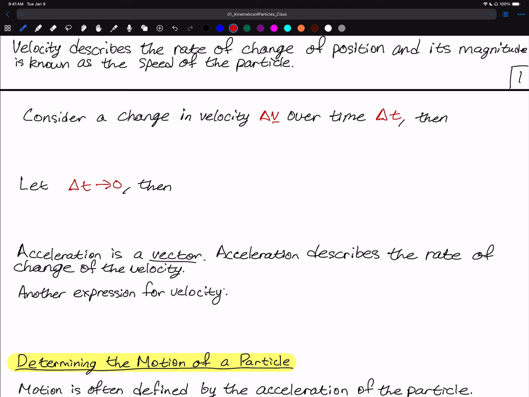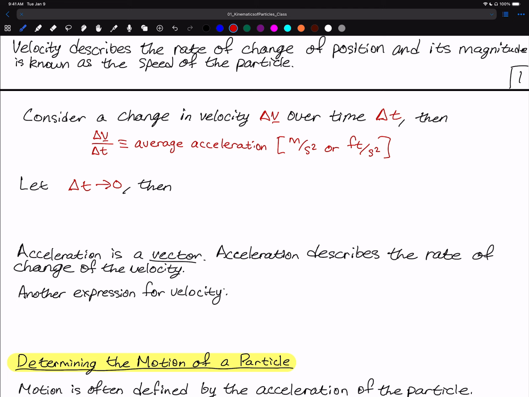And then what we'll find is that if we were to compute this delta v over delta t, we would find that this is the average acceleration in a particular direction, with units of meters per second squared, or feet per second squared, we could say. It could also be inches per second squared. Again, generally we'll use SI units.